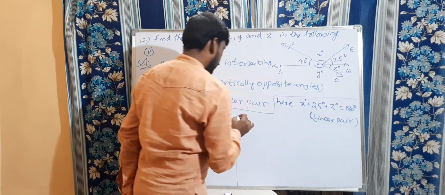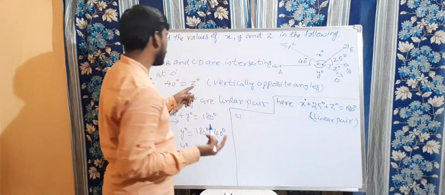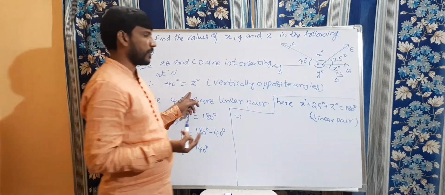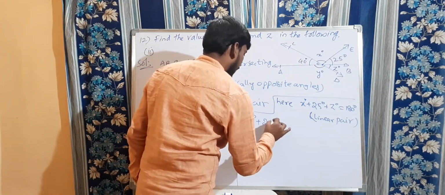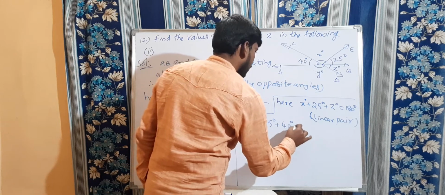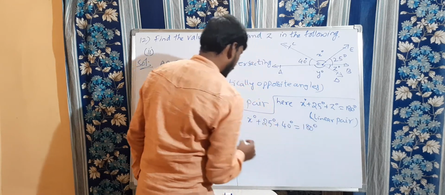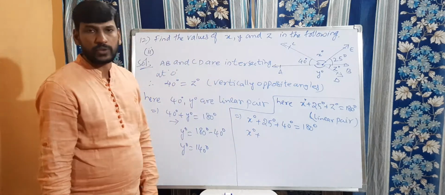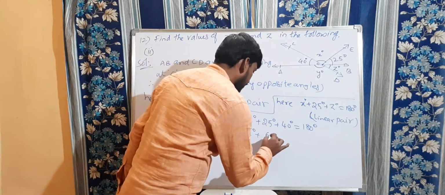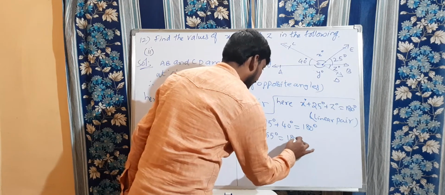Now we know the Z value. What is the Z value here? 40 degrees. And then substitute: X degrees plus 25 degrees plus 40 degrees is equal to 180 degrees. Then X degrees plus 25 plus 40 is 65 degrees, so X plus 65 is equal to 180 degrees.